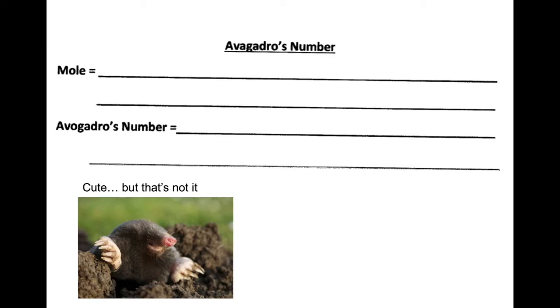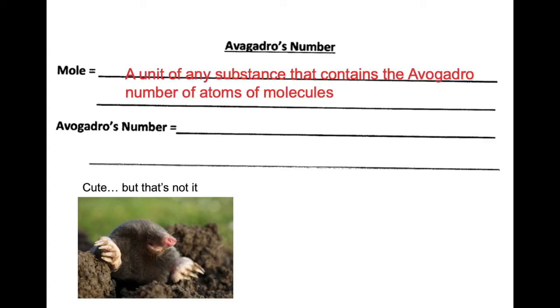It's a mole that we use in chemistry. And what it is, is a unit of any substance that contains the Avogadro's number of atoms and molecules. So it's a unit of measurement that we can use in chemistry to measure something really, really small like an atom.